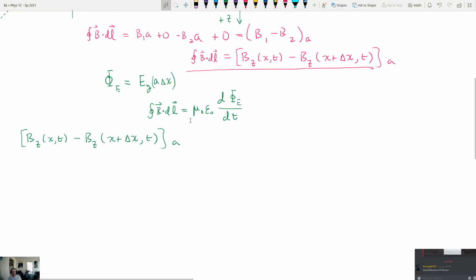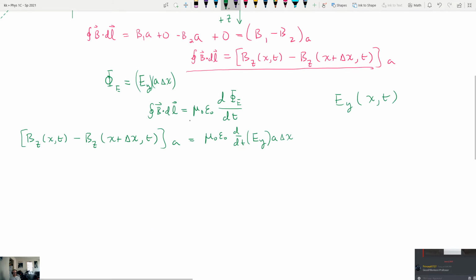And on the right-hand side, we're going to have mu naught epsilon naught d/dt of Ey. Sorry, this is kind of confusing the way that I wrote this. This is multiplied by A times delta x. A and delta x are going to be constants, so they're not going to take part in the derivative. And this Ey, when I'm writing it, is also a function of x and t.